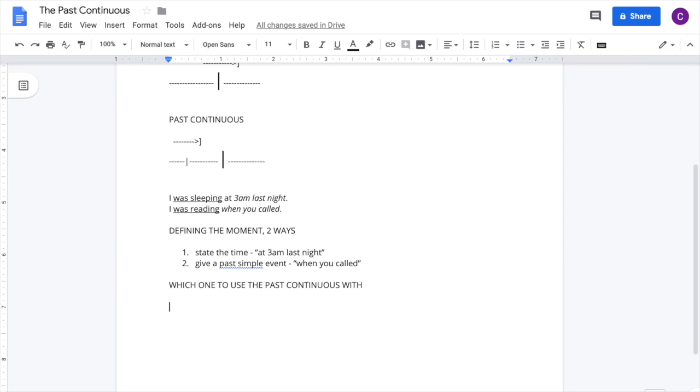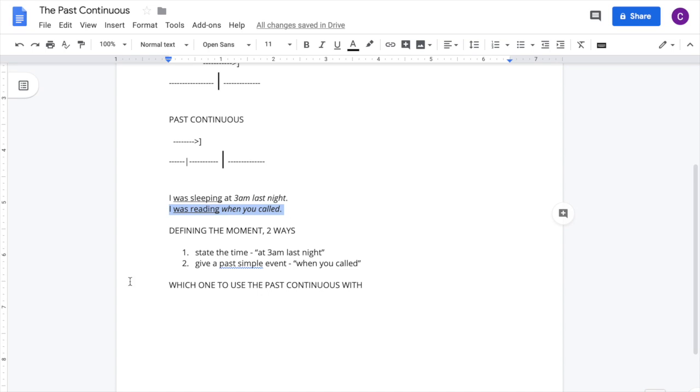If we have two verbs in the past, which one should we use a continuous with, and which one should we use the past simple with? And should we use the continuous with any of them? All right, so let's look at it.